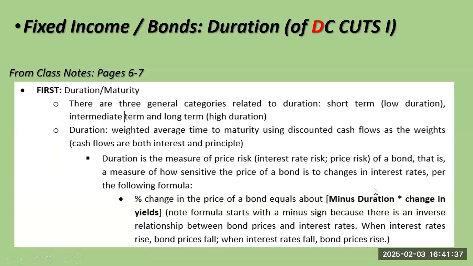I'll show you later how you actually calculate the duration number. Well, once you have the duration number, you can plug it into this formula and you have a pretty good estimate of how the bond price is going to move. Interest rates rise, bond prices fall. How much depends on the duration. The longer the duration, the more the price is going to fall when interest rates rise.